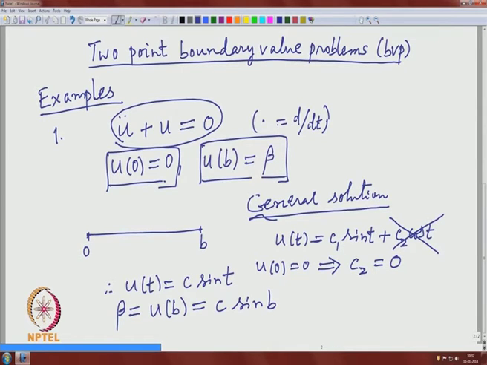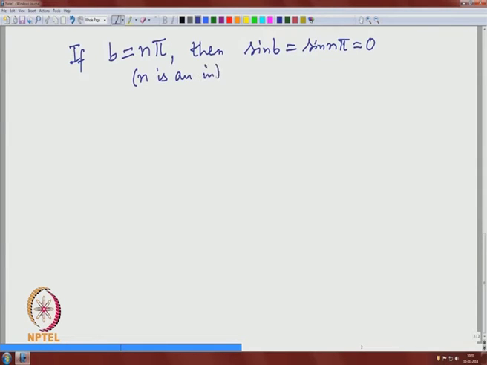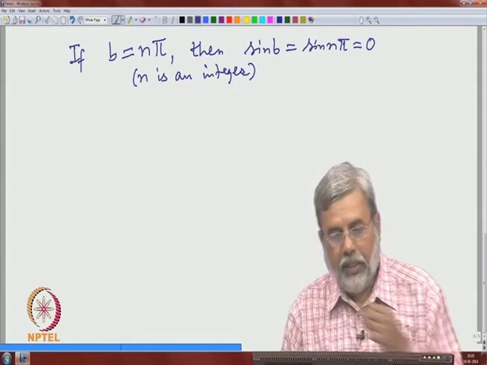Now, you see already some difficulties here. So, for example, if b is equal to n pi, then sin b is sin n pi and that is 0. n is an integer, in this case a positive integer, it does not matter.